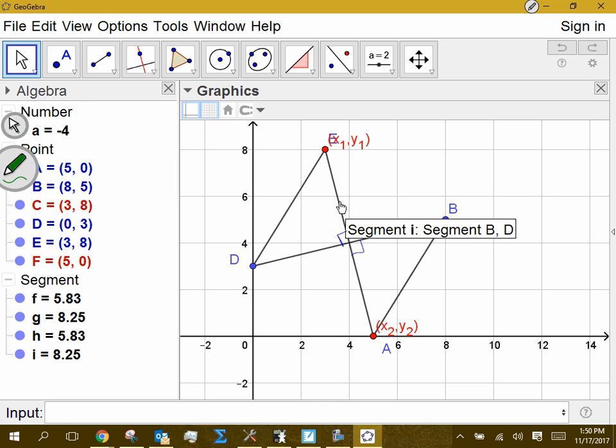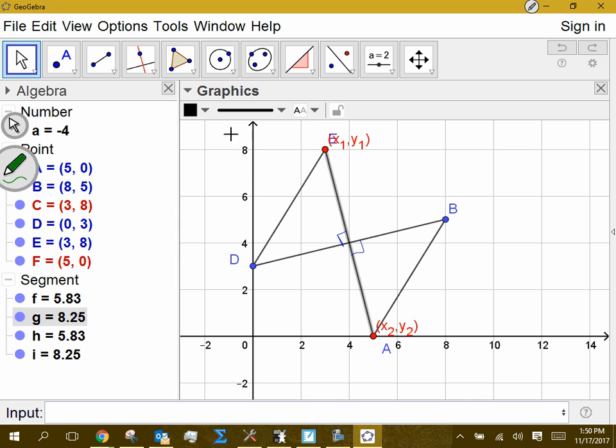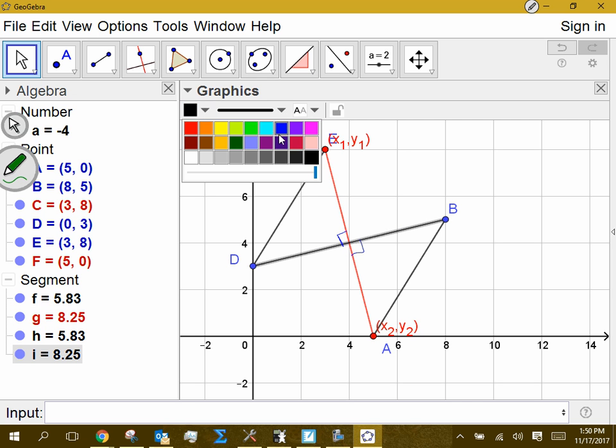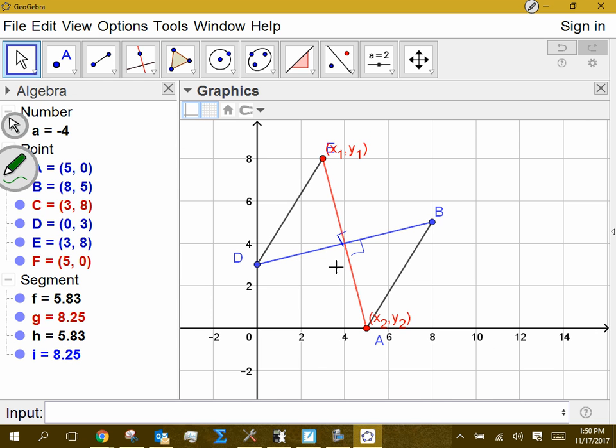So what we're going to do is come up with an equation for that line right there, that red line, and an equation for that blue line. If we can find those equations, that gets us to be able to find that point.